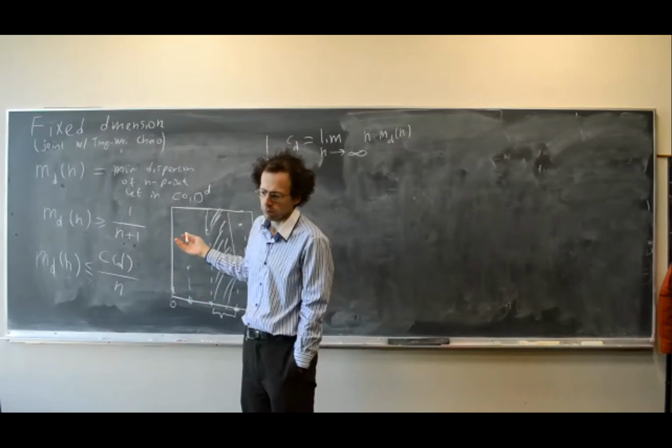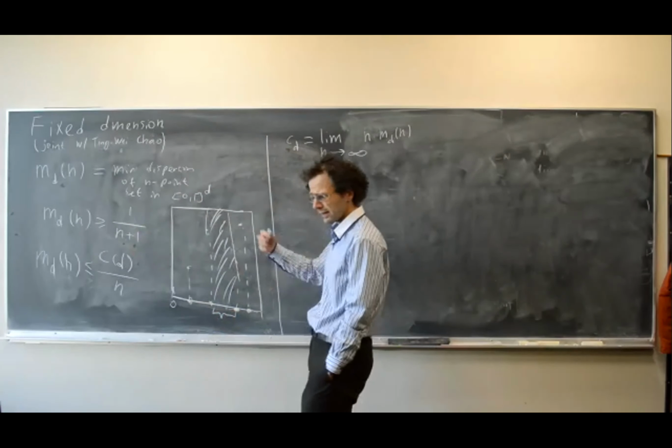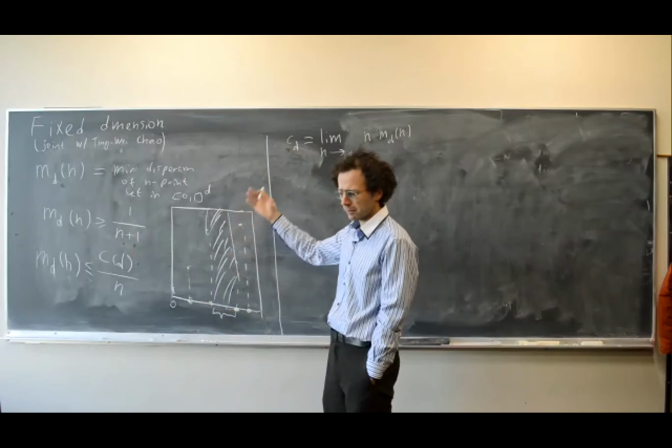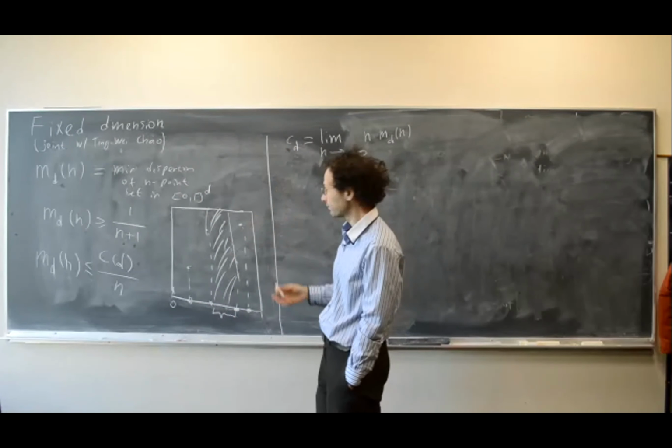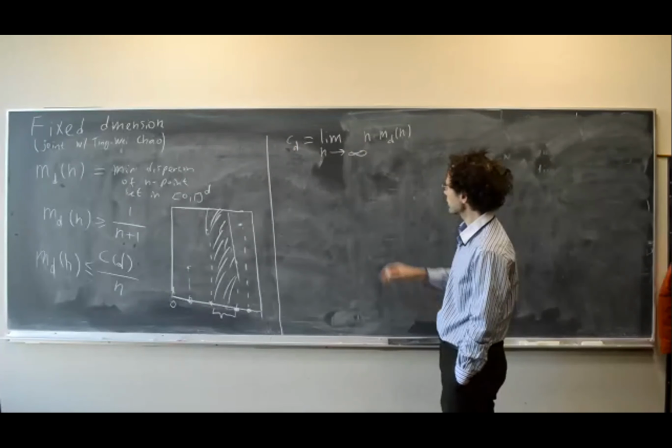Of course, 2 is arbitrary. You could cut it into any number of pieces. And that gives you some kind of monotonicity argument, and monotone sequences converge. Again, not difficult. An argument of that spirit shows that the limit exists.